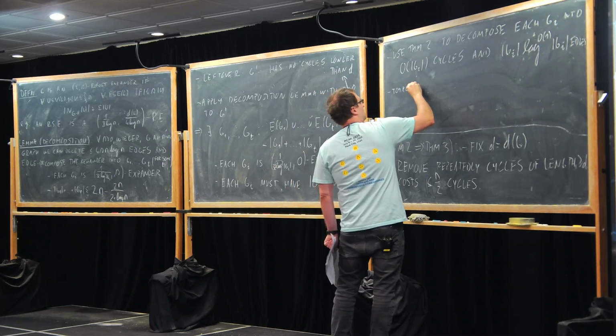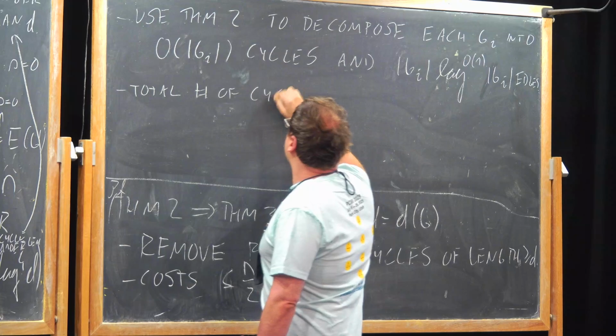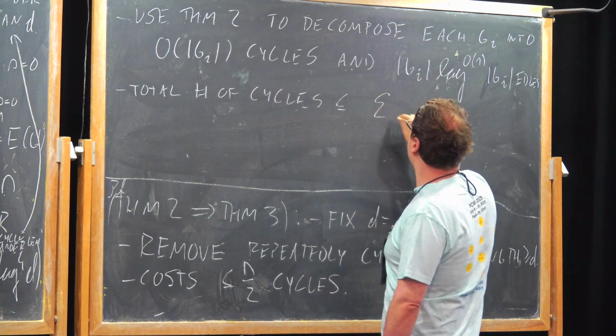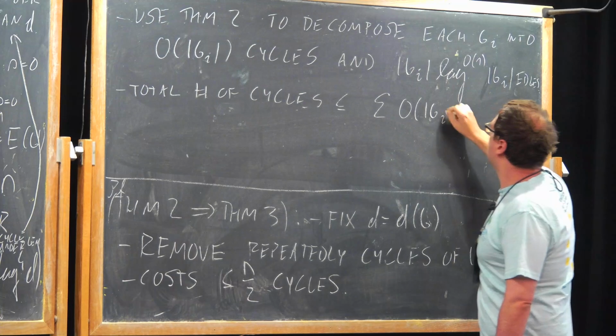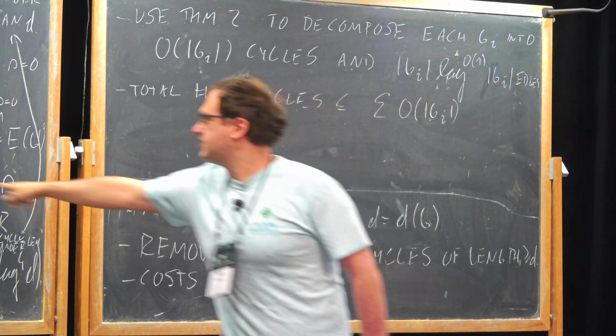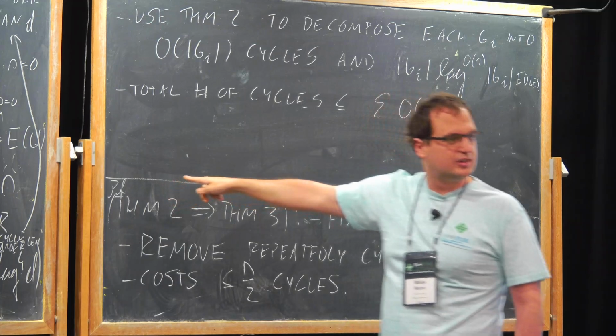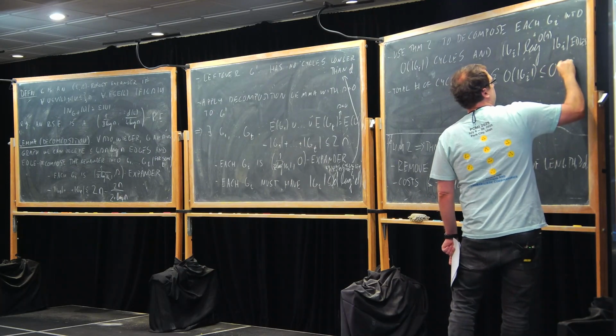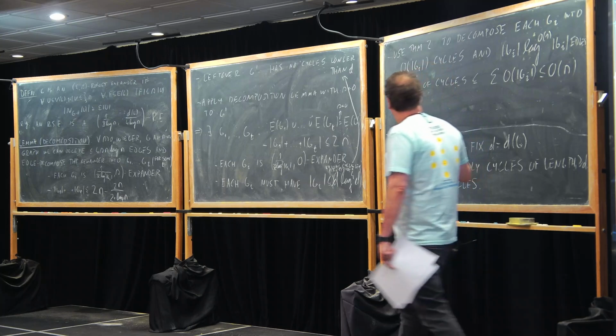So total number of cycles is at most the sum of this big O of GI. But our lemma conveniently told us that their sum is at most linear. So this is still linear in N, which is what we wanted.